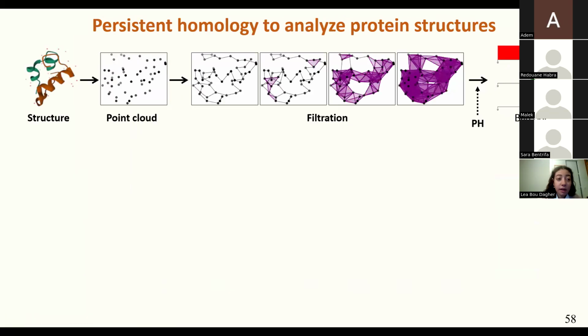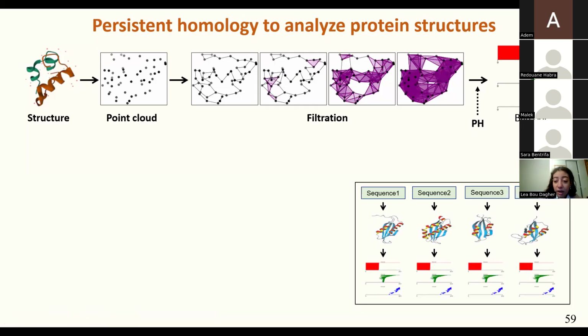And to do this, this is the overall pipeline that I applied. From a structure, I consider the point cloud of the structure, apply the filtration process, and generate the geometric representation, which is the barcode that I just showed you, to extract the geometric features of dimension 0, 1, and 2: connected components, cycles, and cavities.